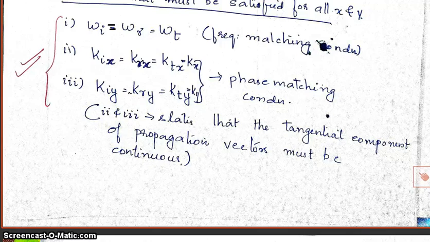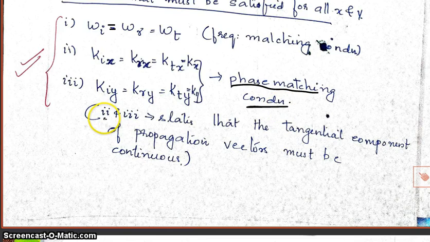Similarly, the propagation vector of the incident wave, reflected wave and transmitted wave along the y-axis should also be the same, which is commonly represented as ky. And the second and third conditions are known as the phase matching condition.